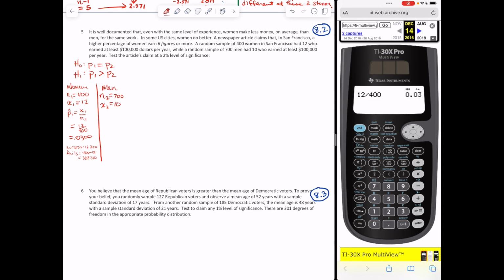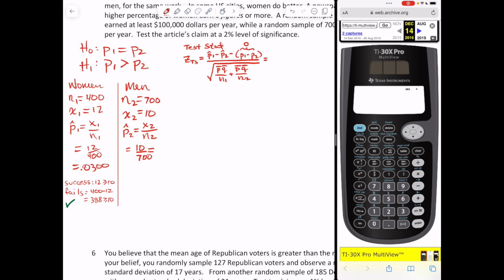And then we'll do our P2 hat. Here, obviously, that's going to be X2 over N2. So 10 over 700. The 10 divided by 700. And that comes to be 0.0143.